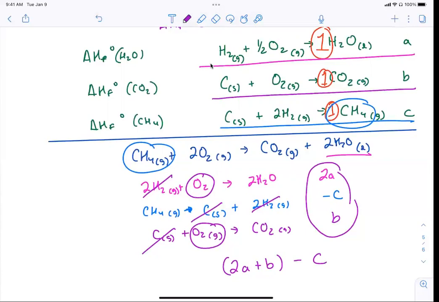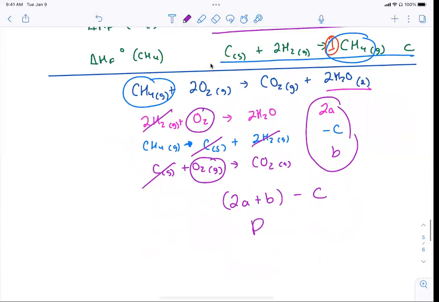The products. Which ones do we have to flip? The reactants. That's why it's products minus reactants, not because you were told that way last year. It's because with enthalpy of formation, everything you form is in this reaction one way or the other. The reactants you always flip, and the products always stay the same. So 2A plus B is the enthalpy of the products minus the reactants.